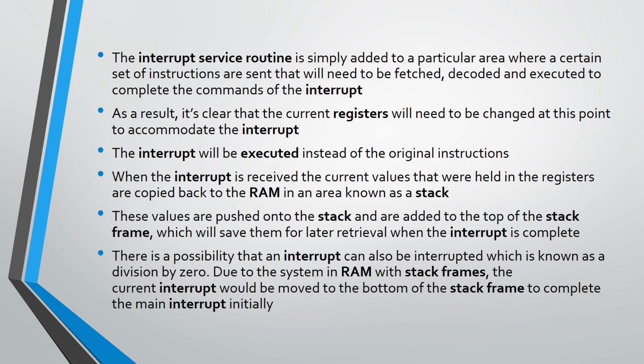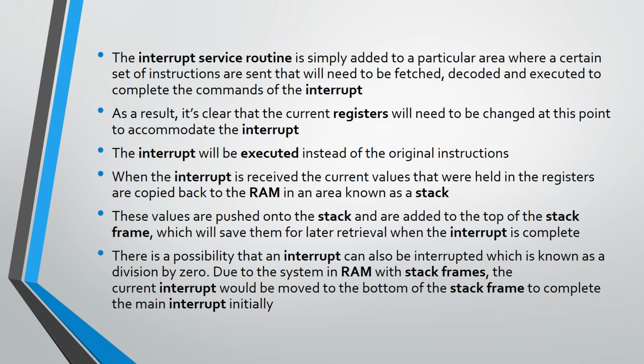Next, the interrupt service routine is simply the particular area where a certain set of instructions are sent that need to be fetched, decoded, and executed to complete the interrupt's command. As a result, the current register will need to be changed at this point to accommodate the interrupt. The interrupt will be executed instead of the original instruction.